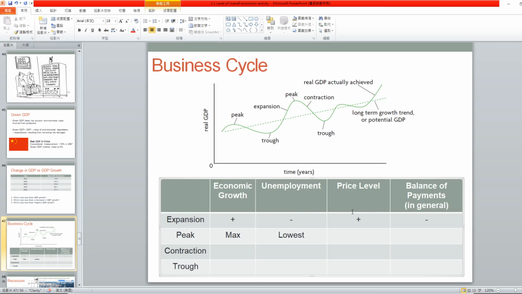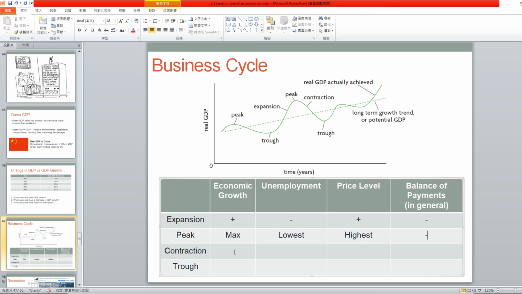Based on the logic here, when the price level is increasing during expansion, then at the peak we expect the price level to be in the highest position. So very simply, we just put a minus sign over here. You are going to expect the balance of payment will be pretty bad when the price level is getting too high.